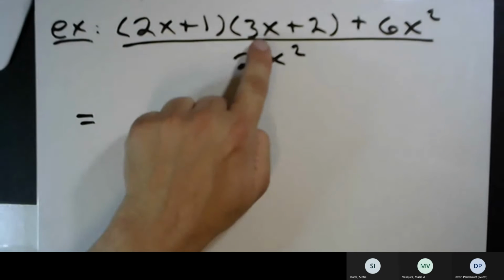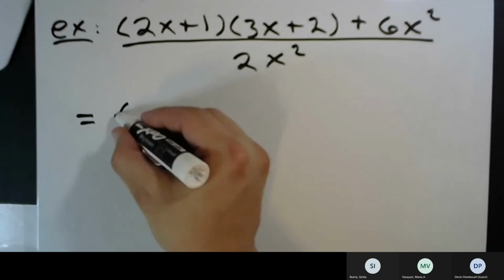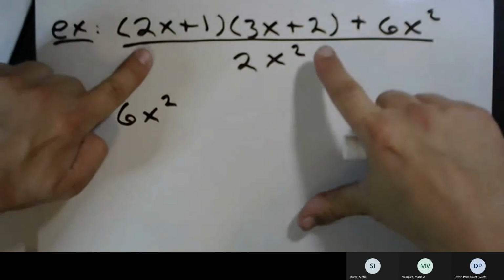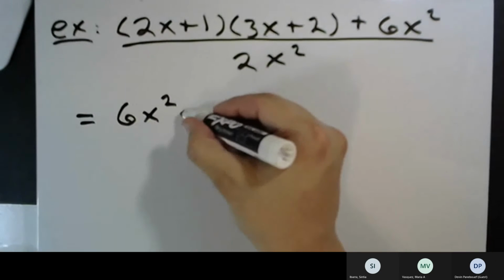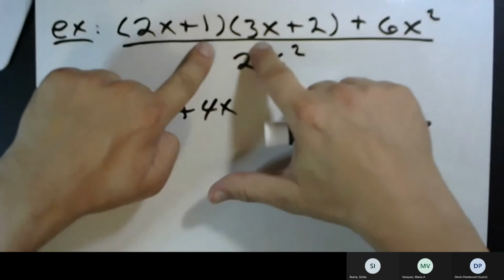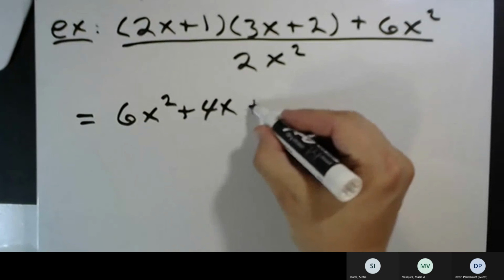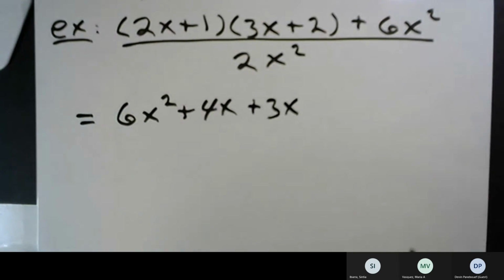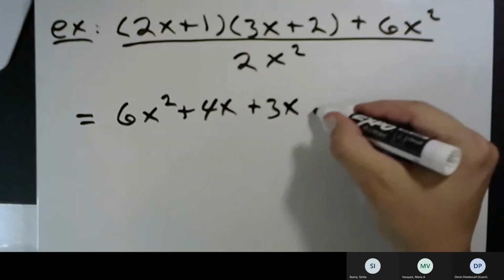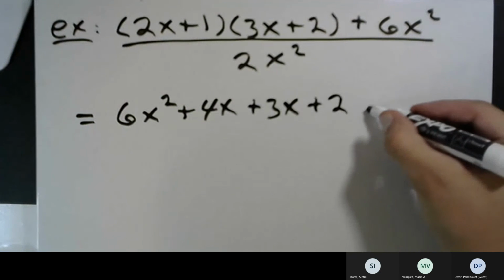But first times first will be 6x squared. Outer times outer, 4x. Inner times inner, 3x. And then last times last is 2.